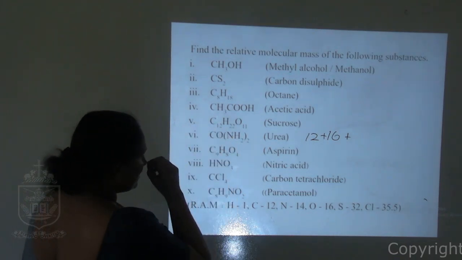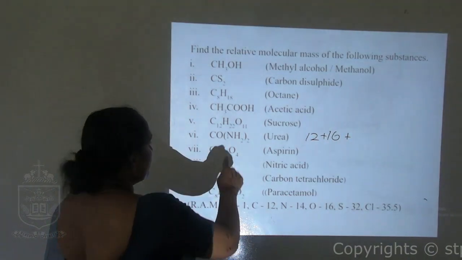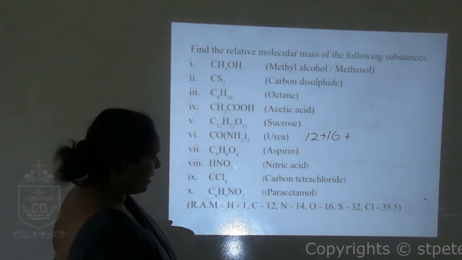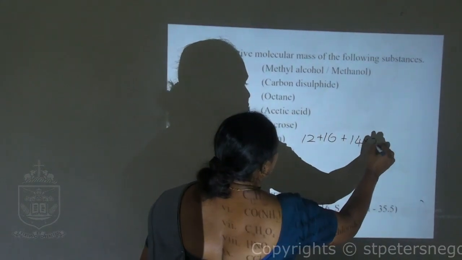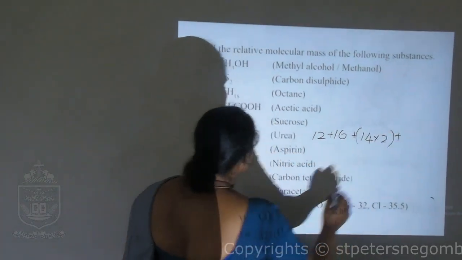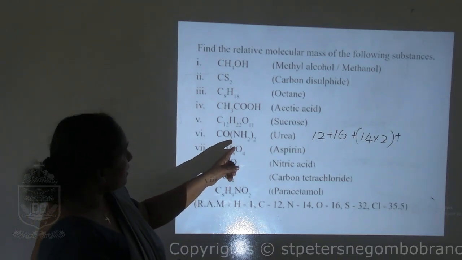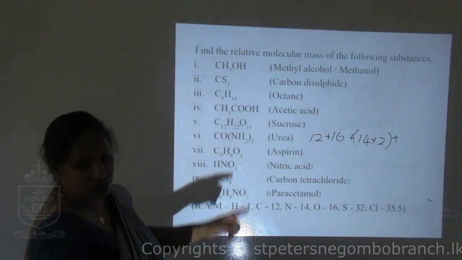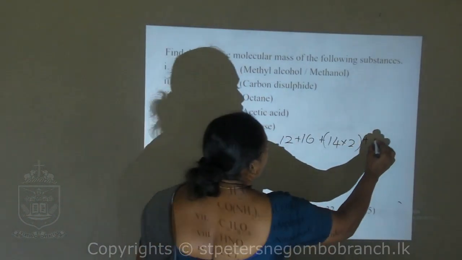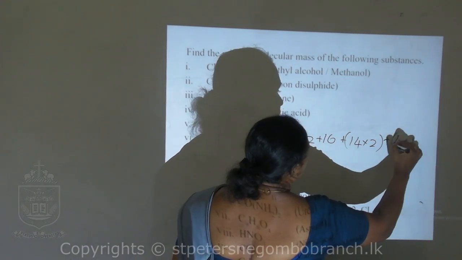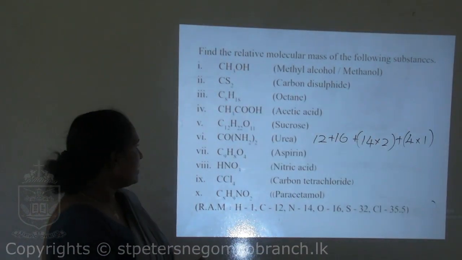NH2 in brackets with a 2 here. So 14 times 2 plus hydrogen, you can see 4: 2 into 2, that means 4 into 1. Then you have to multiply and add them.